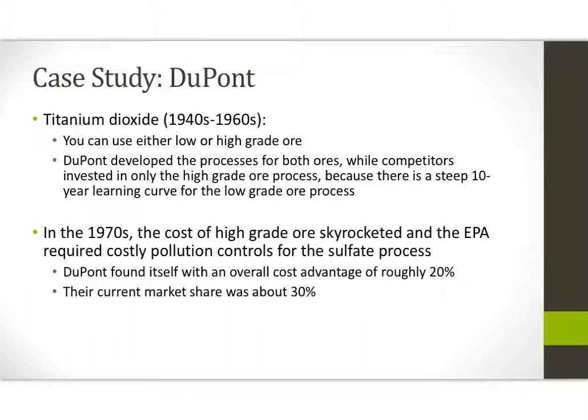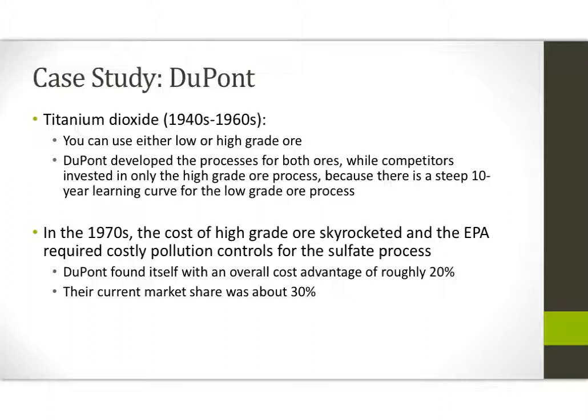DuPont in the 1940s to 60s, so about a 20-year period, in the market for titanium dioxide. At the time, you could use either low or high grade ore in producing and refining titanium dioxide. DuPont was a little unusual within the industry.